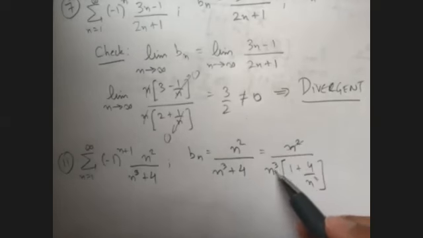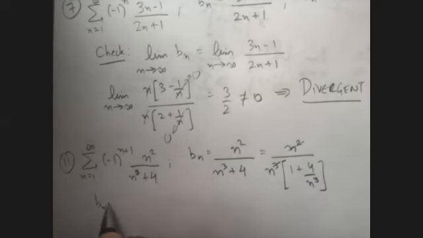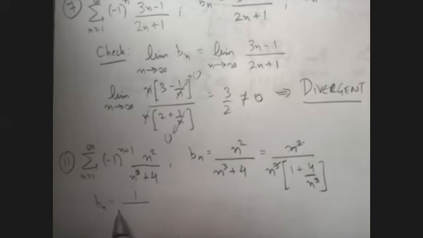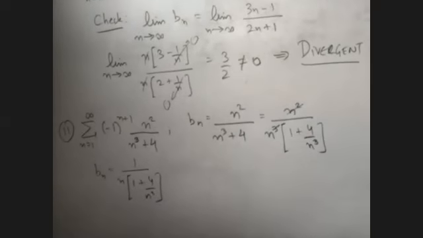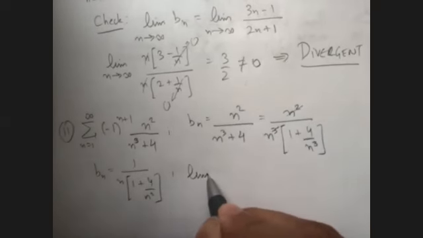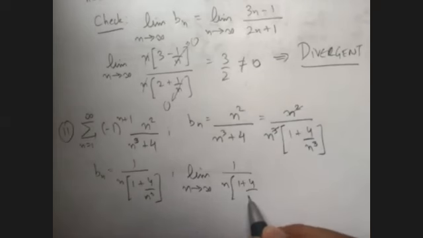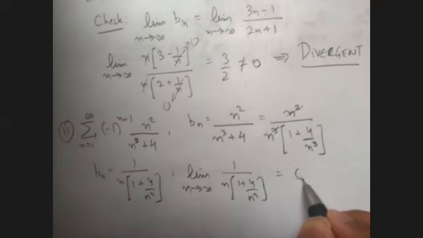You can cancel it out. So bn becomes, so the limit is 0.